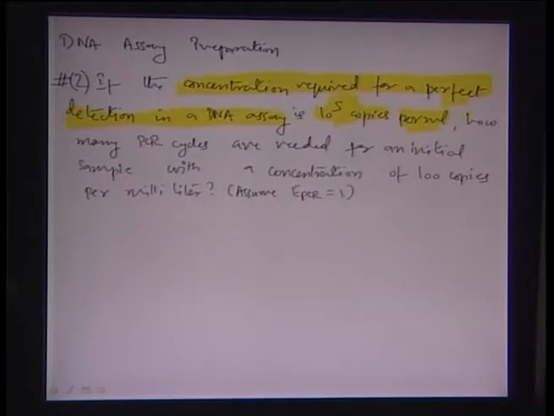We need to ascertain how many PCR cycles are needed for an initial sample with a concentration of, let us say, 100 copies per mL, and we assume an E_PCR of 1.